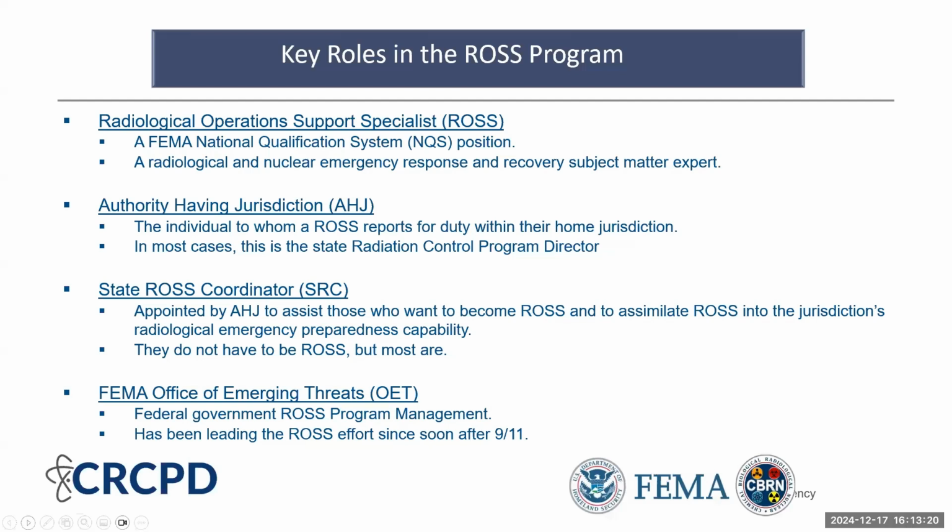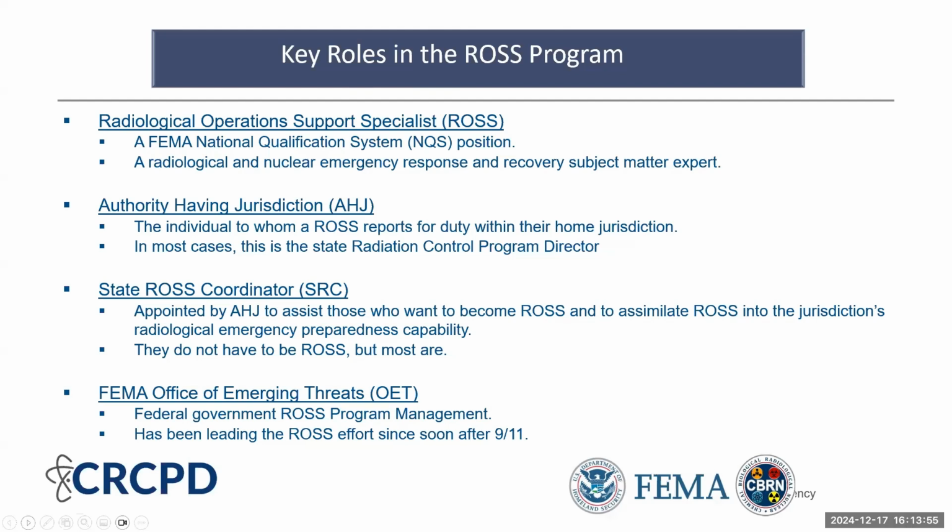Similarly with the state ROS coordinator. Now, the state ROS coordinator is purely a development of ours. The AHJ is actually a term of art for a lot of different processes, usually in government, or responsibility in organizations or jurisdictions.